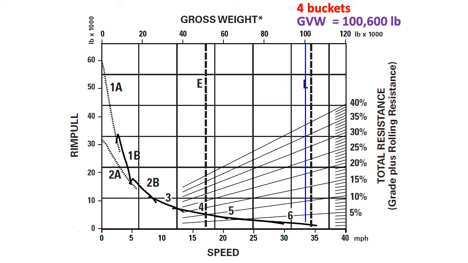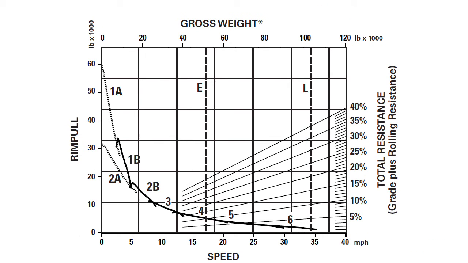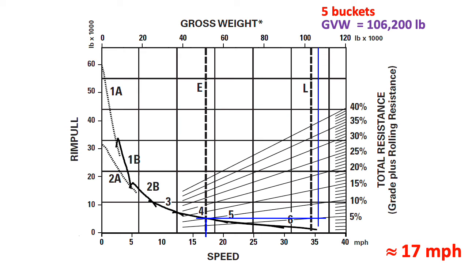The total resistance is 5%, so the speed is around 18 miles per hour. With 5 bucket loads, the GVW is 106,200 pounds. The resistance grade is still 5%, and we get a speed of about 17 miles per hour, 1 mile per hour less than with 4 buckets.